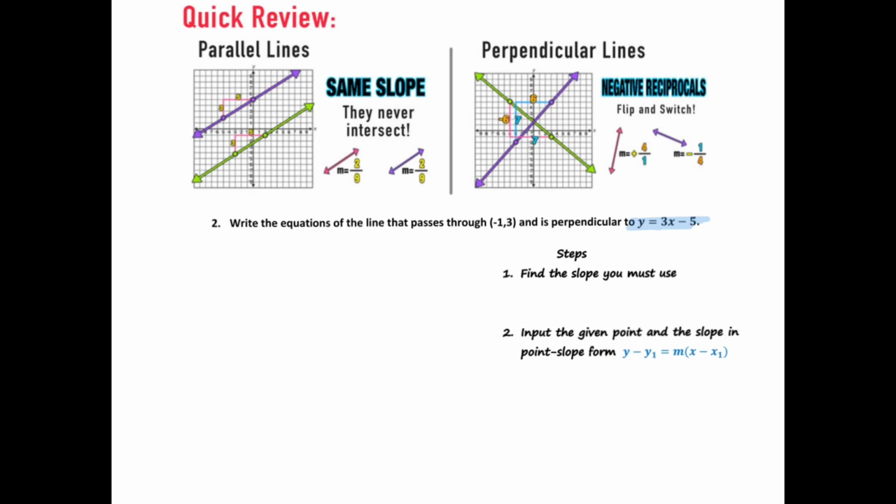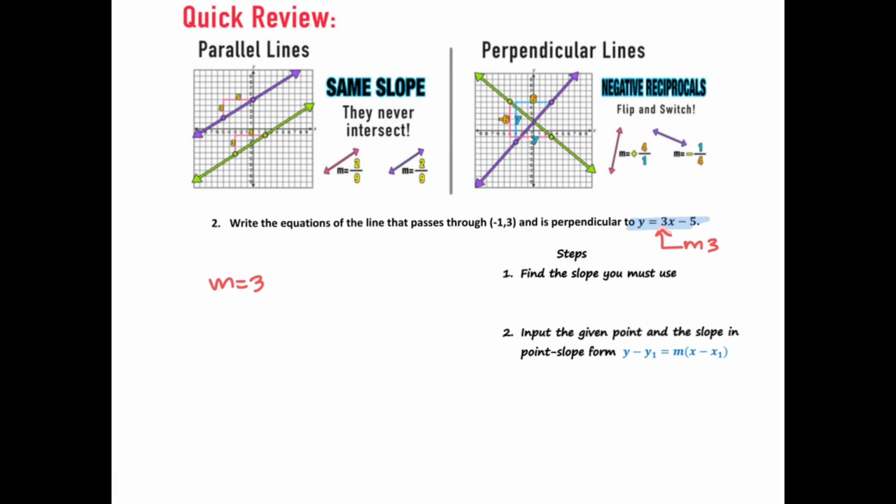And I know that this is y equals mx plus b. So the slope is 3. m equals 3. But this is not going to be the slope that I need, because I need to find a perpendicular line. So I need to modify my slope to the negative reciprocal.